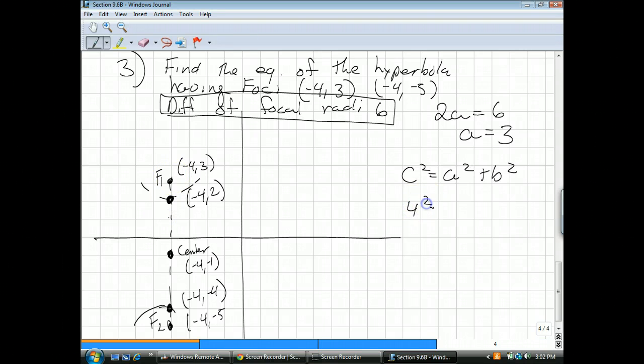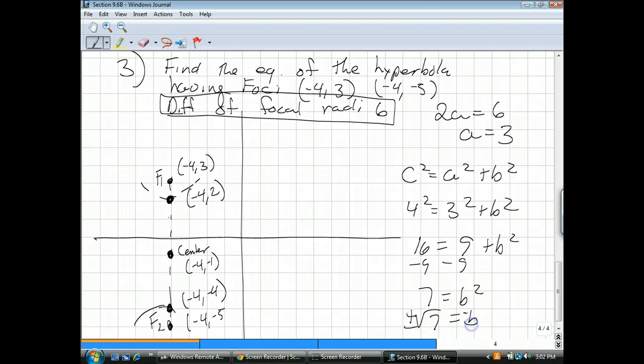So 4 squared is equal to 3 squared plus B squared. So 16 equals 9 plus B squared. Subtract 9. So 7 equals B squared. So B equals plus or minus square root of 7.